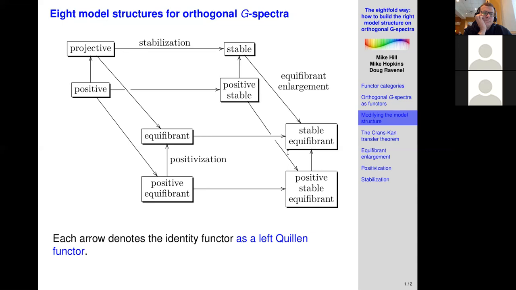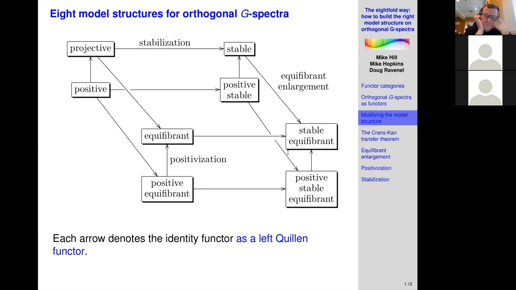Yes, they are. I will explain that. You could actually have arrows pointing in both directions for the following reason. We're talking about different model structures on the same category, and the relevant functors here are all identity functors.